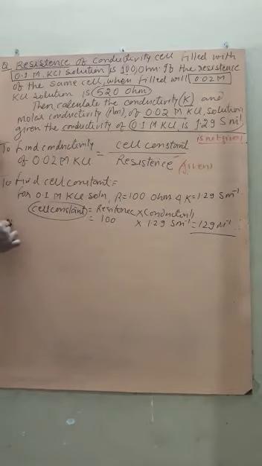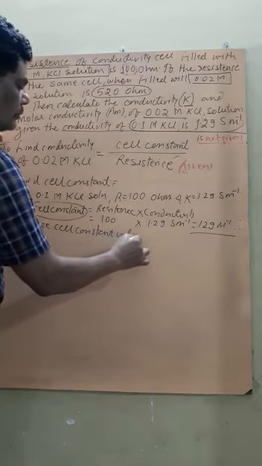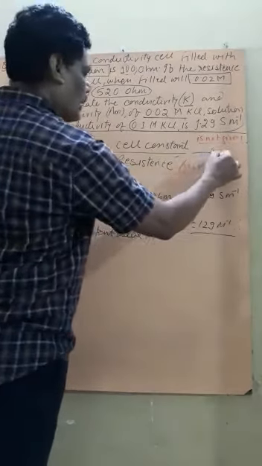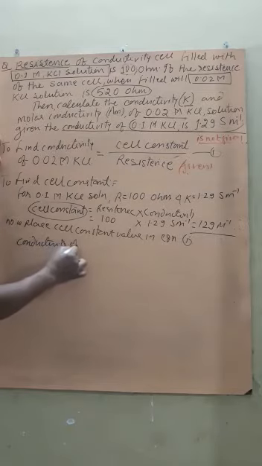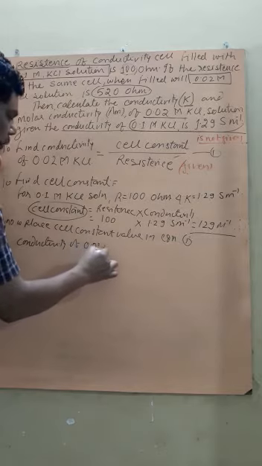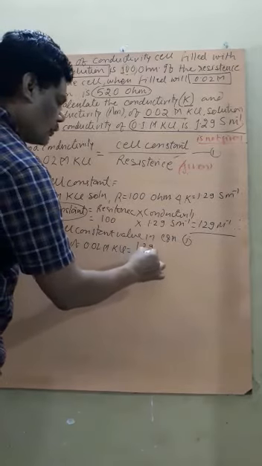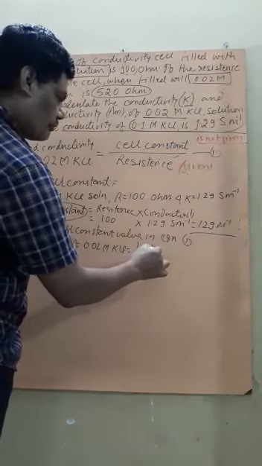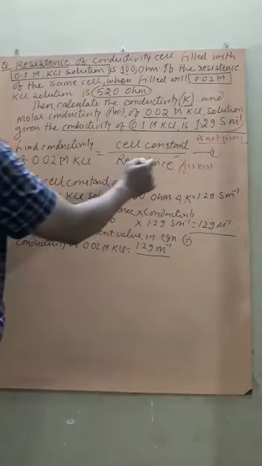Now place the cell constant value in the equation. So conductivity of 0.02 M KCl is equal to the cell constant, 129 per meter, divided by the resistance.